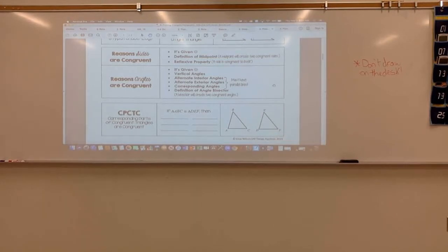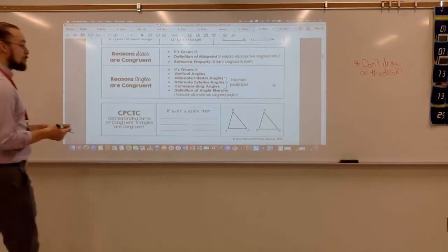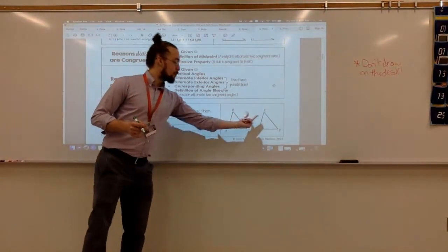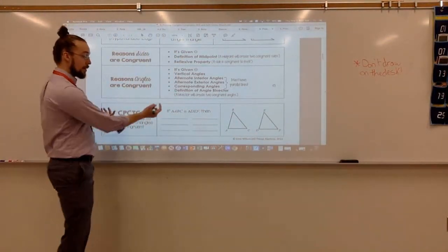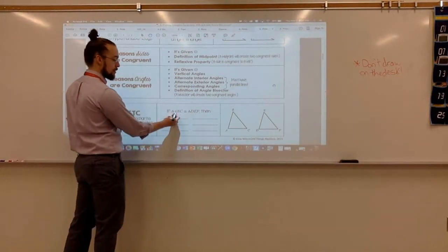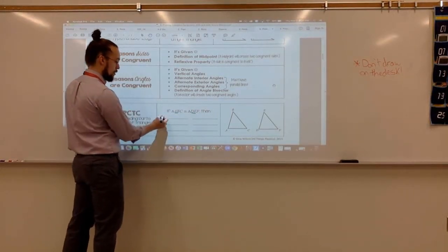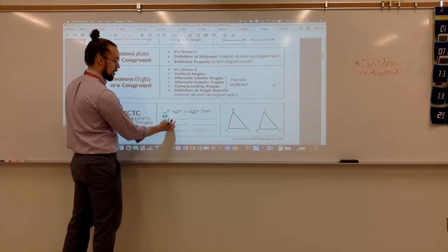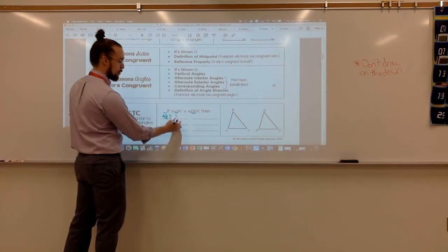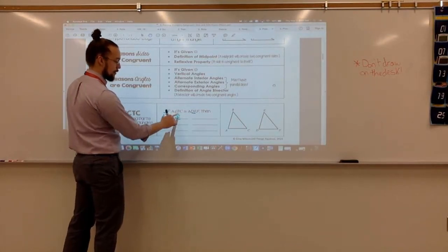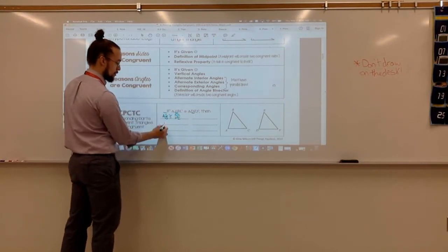And we talked about this idea a little bit yesterday as well. If we know that two triangles are congruent, then we know their corresponding parts are congruent. So if I know that these two triangles are congruent, I don't even need a picture. I can just look at the statement and say, well, I know that AB will be congruent to DE. I know BC will be congruent to EF.